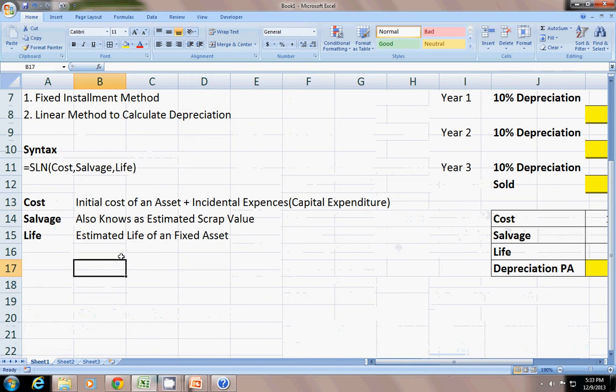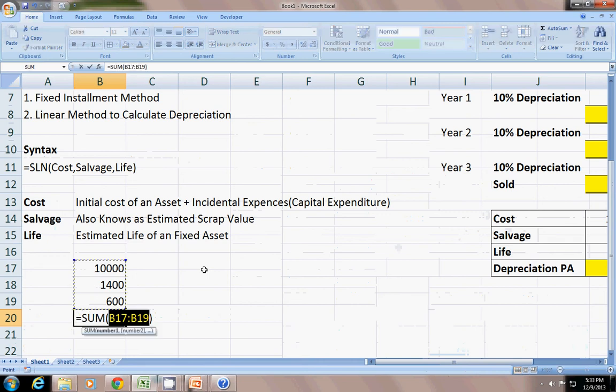For example, if I purchased a machinery worth rupees 10,000 and I incur charges of installing the machine, 1,400, and also wages paid to the workers, 600, the total cost of the machinery is 12,000.